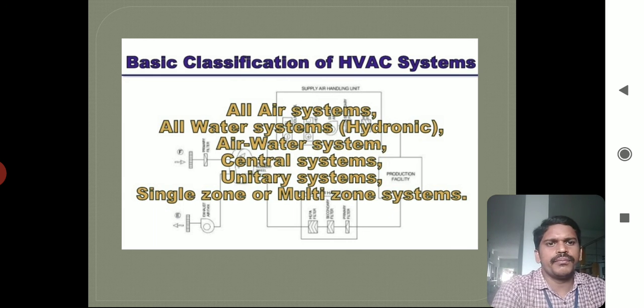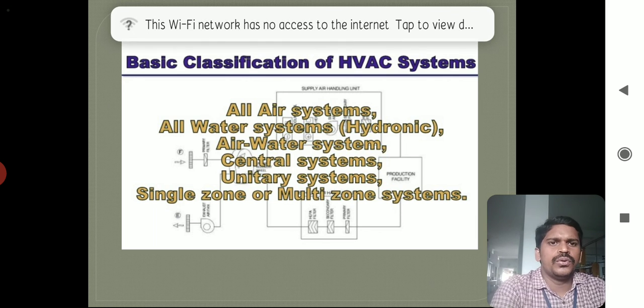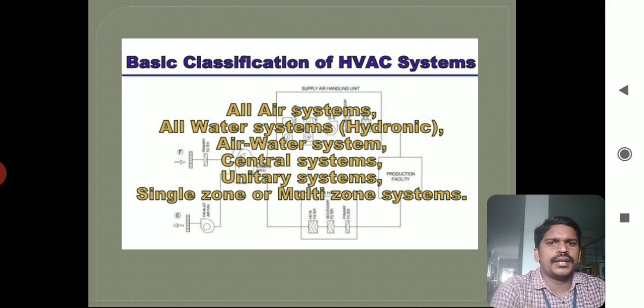The heating system maintains the room temperature warmer as compared with the surrounding areas. The cooling system also provides cooling air, maintaining a cooler temperature as compared with the surrounding areas. Both features are there in HVAC systems.